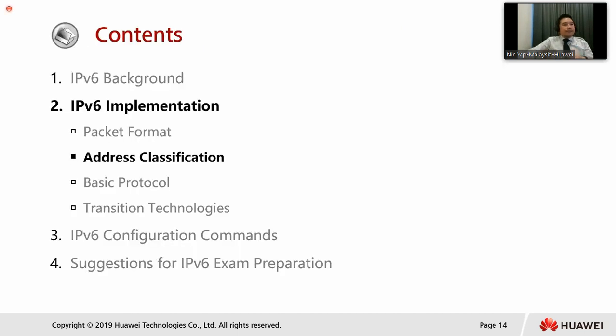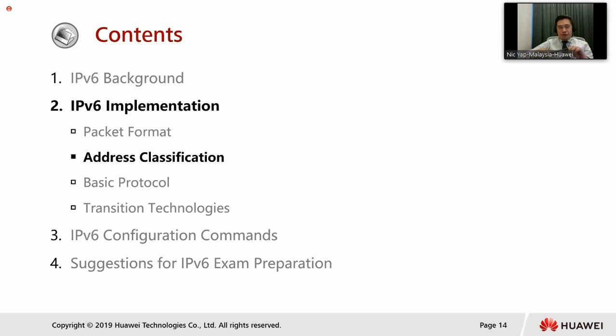All right, and the next one, we look into address classification, how we classify IPv6 addresses. They already have some pre-classified address structures. The classification is not as simple as IPv4.